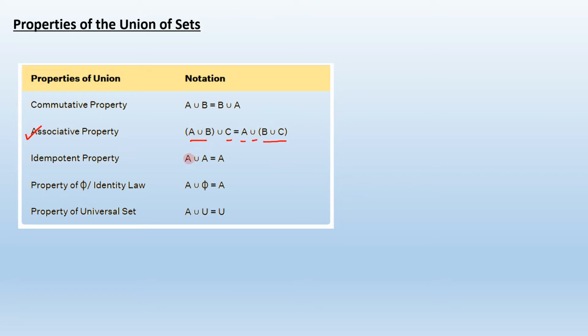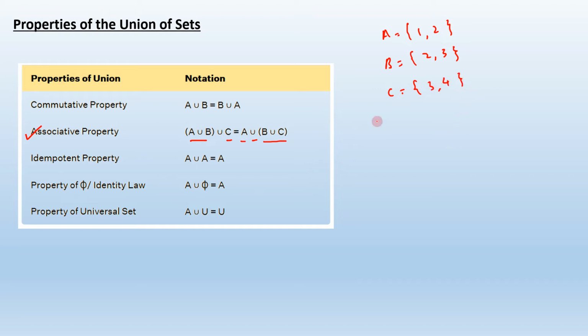So here the grouping doesn't matter, which means that (A union B) union C will give us the same result as A union (B union C). So here again we can consider three sets. We have set A having elements 1, 2. We have set B having elements 2, 3. And we have set C having elements 3, 4.